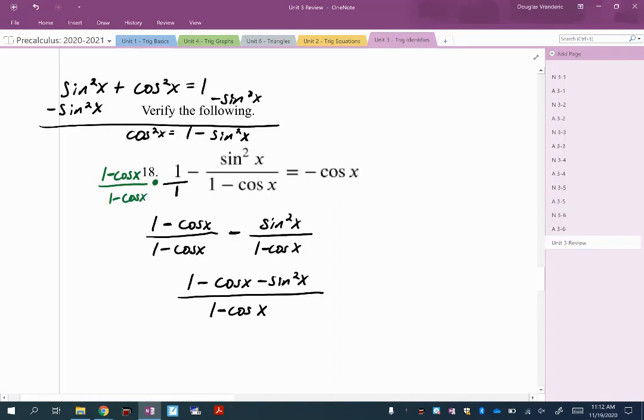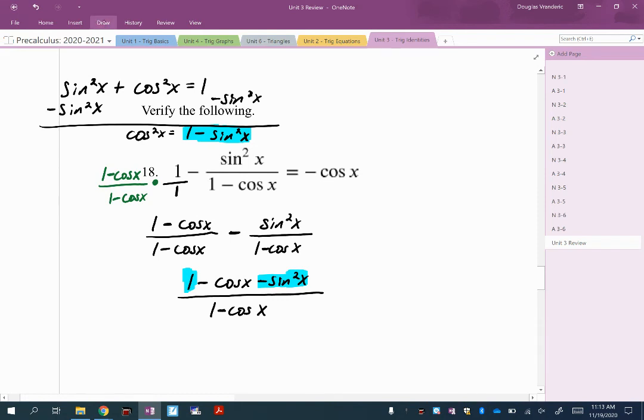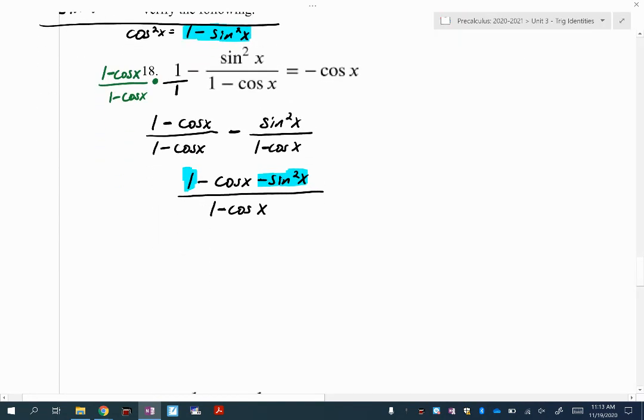And I don't know if you see it. I'll highlight it if you don't see it. But we actually have 1 minus sine squared x here. We have 1 minus sine squared x. Okay? So I'm going to replace that with cosine squared x. So this becomes cosine squared x minus cosine x over 1 minus cosine x.